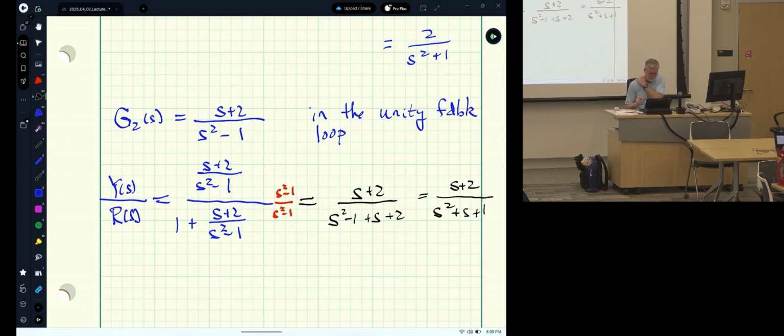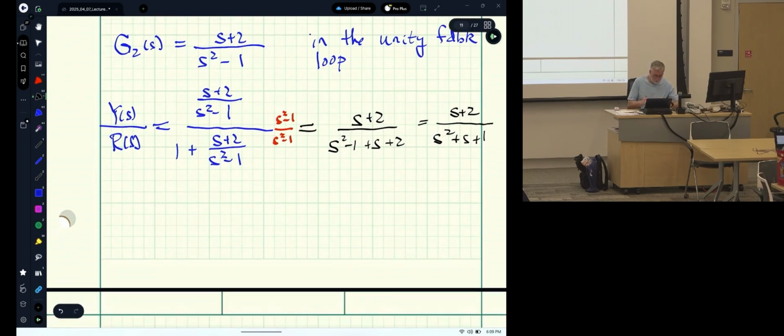Okay. So let's take this original G2 of S, S plus 2 over S squared minus 1.